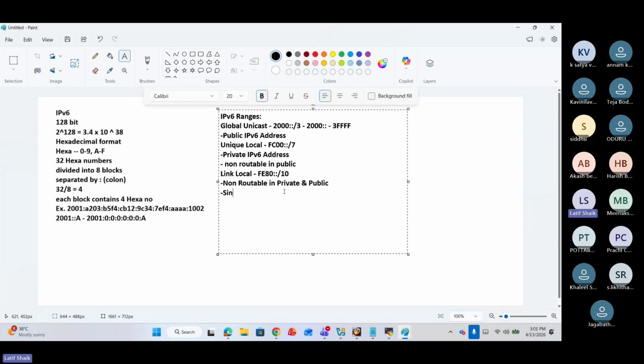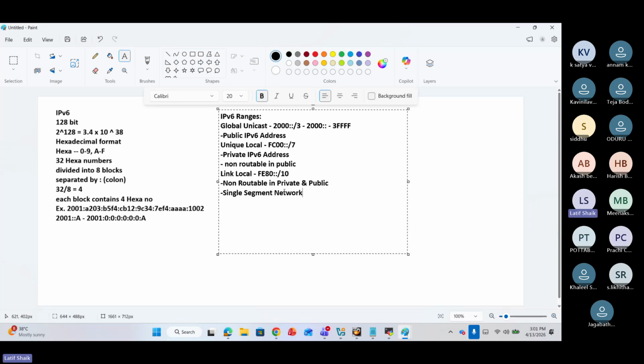It works in a single segment only, a single segment network. It means physically and logically the same network. So I have a switch connected to 10 devices, and the devices use link local. With the help of link local, we can communicate.